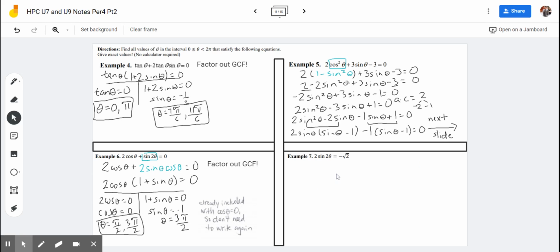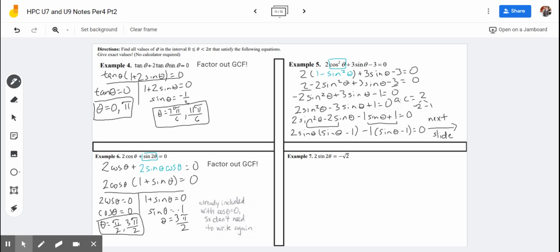And then this last example here, again, no calculator is required. We have 2 times sine of 2 theta is equal to negative radical 2. All right, so this one we're going to solve a little bit differently because we have a coefficient 2 here.